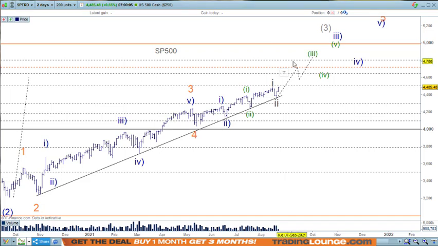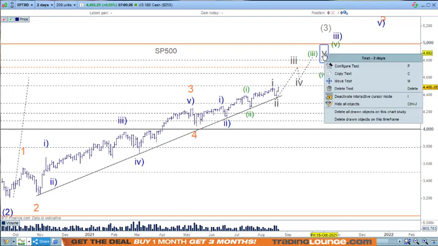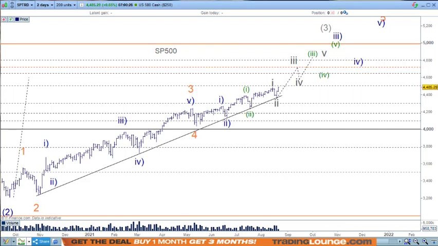But at the same time, the S&P 500 has got the 5,000 in view now. So that's where we can be heading. I'll adjust those later. So yeah, looking really good. The hurdle is just this 4,500 at that point. Okay, so that's the main point there.